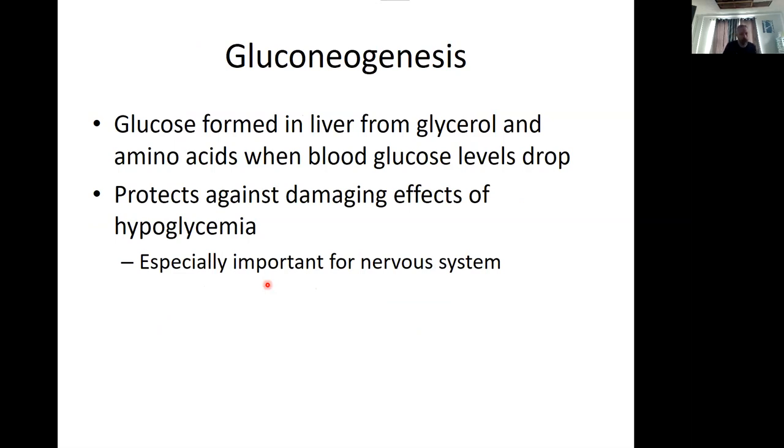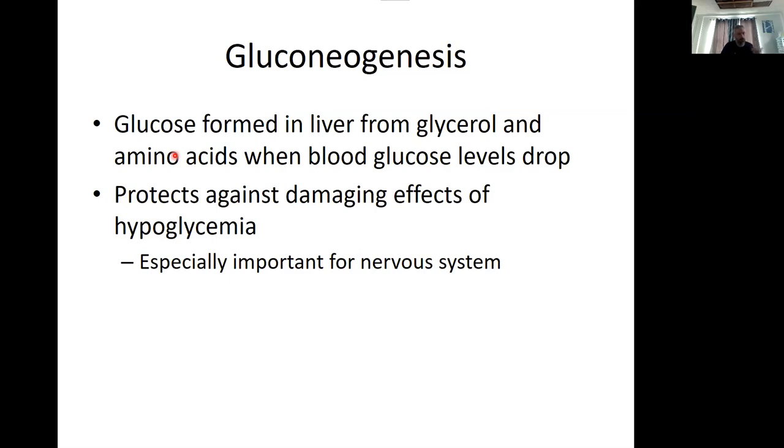Last big major process here in glucose metabolism, carbohydrate metabolism, is gluconeogenesis. And this is when we take pyruvic acid and slap it back together. So remember, we take glucose, we break it down into 2 pyruvic acids. We can also take 2 pyruvic acids and turn it back into glucose. We can also manufacture glucose from the breakdown of fat.